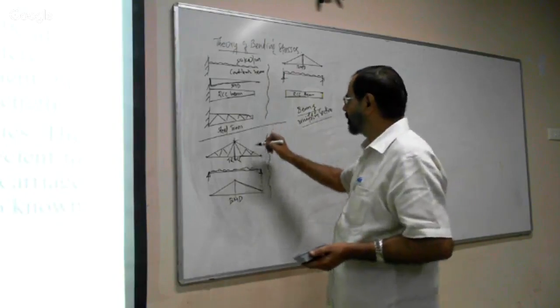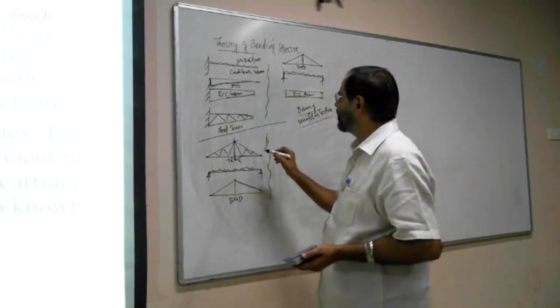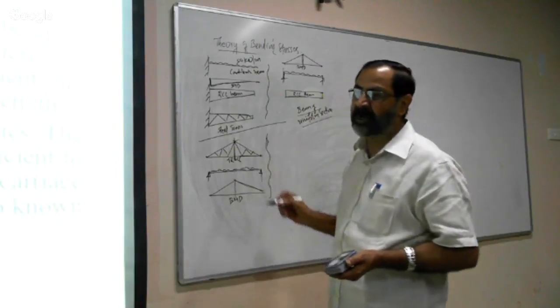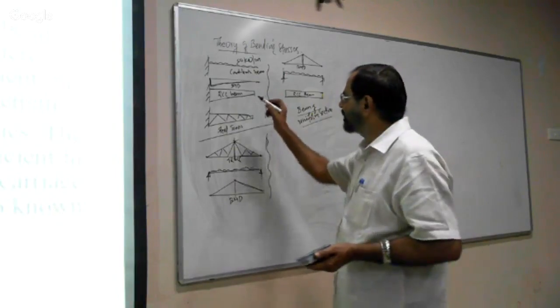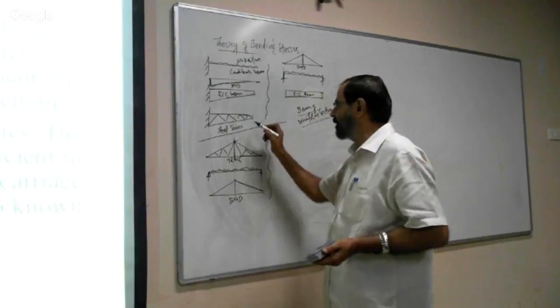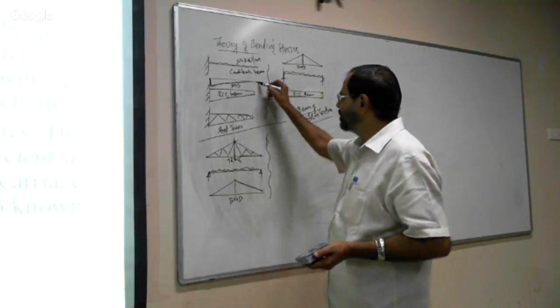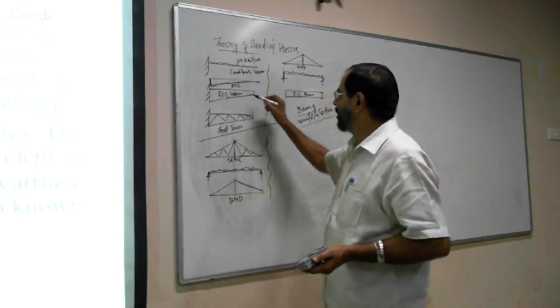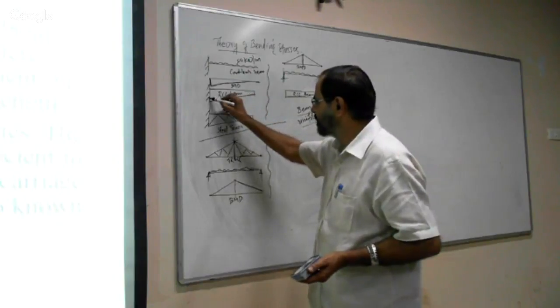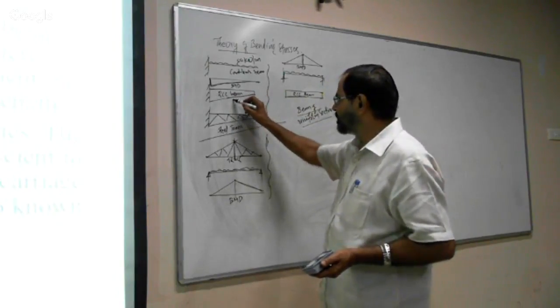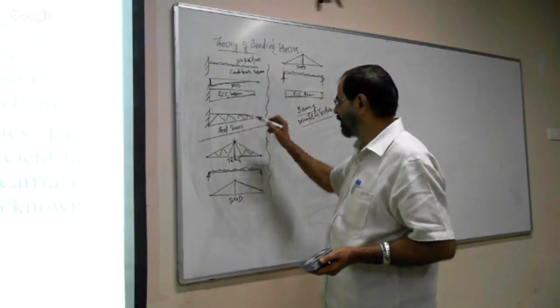Now this one is the beam of uniform strength, where the construction is done according to the strength: zero bending moment, maximum bending moment, minimum section, maximum section. Like the RCC beam, there is also the steel truss.